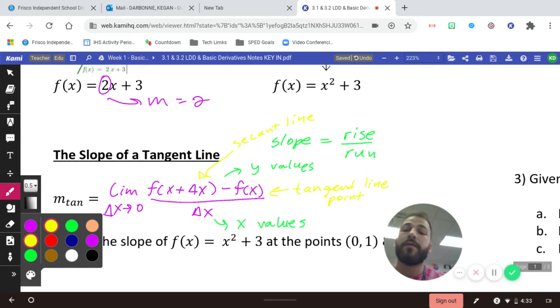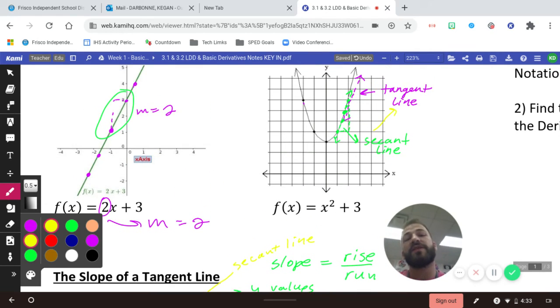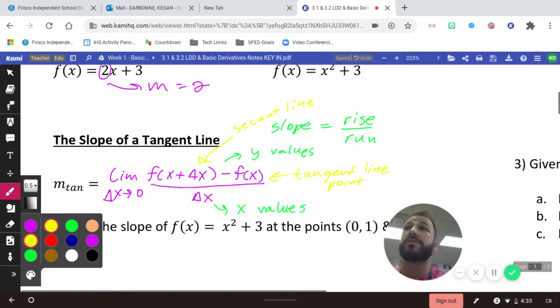So what's happening is I'm evaluating it as the change in x gets closer and closer to 0. So I'm shifting these two functions closer and closer together, until they're so close that they're essentially on top of each other. And that allows me to evaluate the slope at that point.